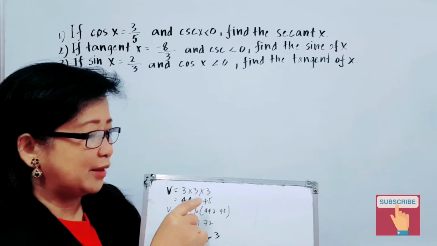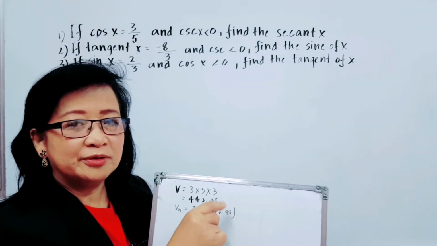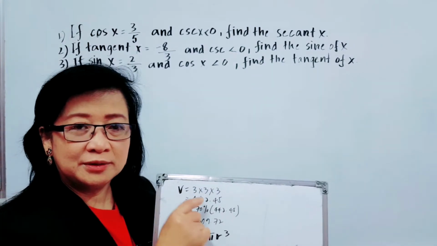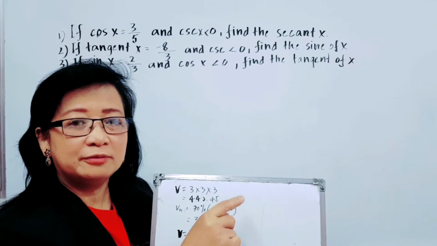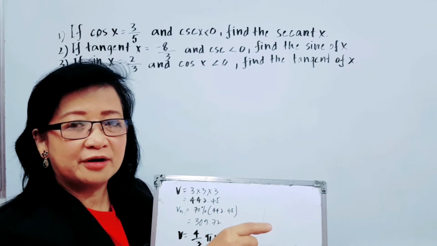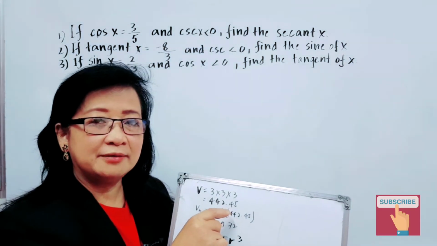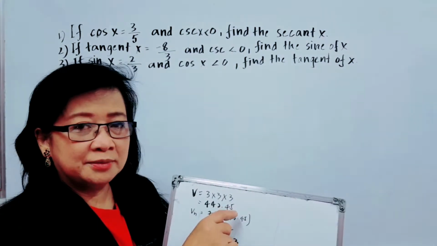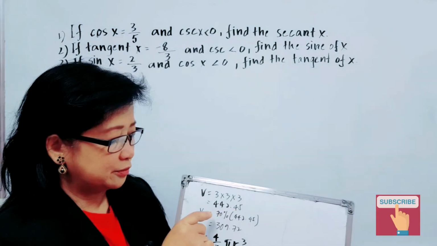So 27 inch cube multiplied by 2.54 by 2.54 by 2.54 will result to 442.45 centimeter cube. This is already in centimeter cube.